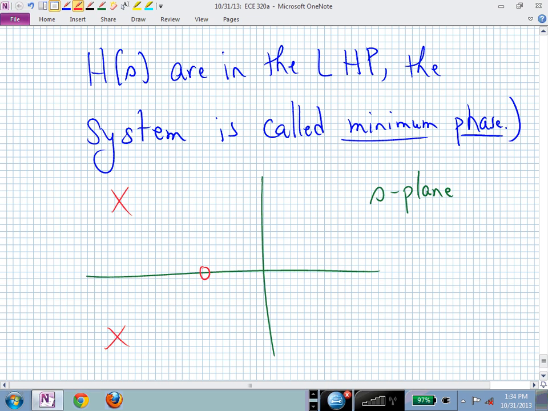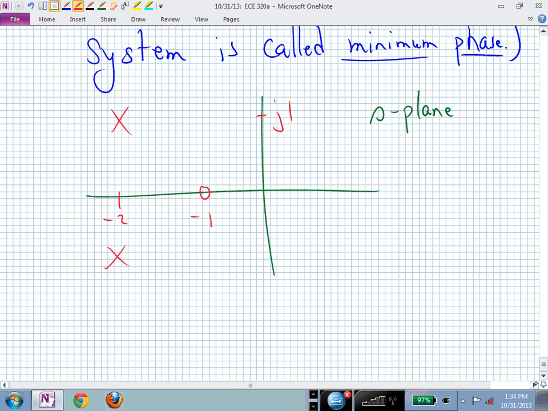Meaning, in this particular circuit, or block, this S-domain picture, maybe this is -2, and maybe this is j1, and maybe this is -1. What's our transfer function?